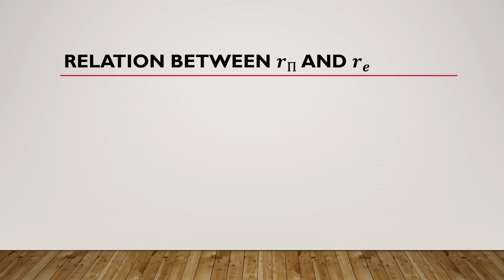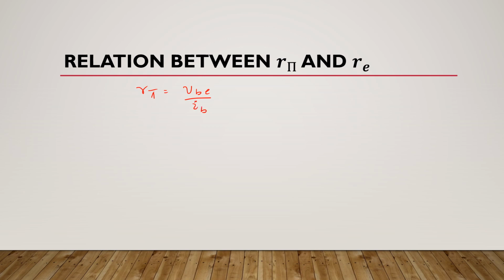Now we will understand the relationship between this input resistance R pi and this input resistance Re in terms of current. From the formula of R pi, we know that R pi is equal to VBE divided by IB.